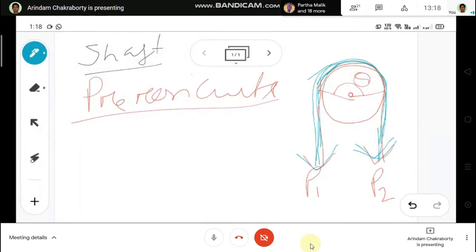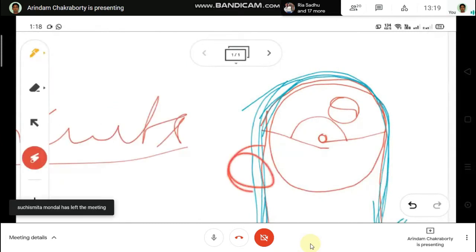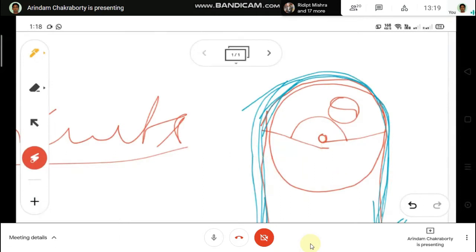So the thing is that there's a friction between this belt and this pulley. Over this span of the contact, the span of the contact is termed as the wrap angle.